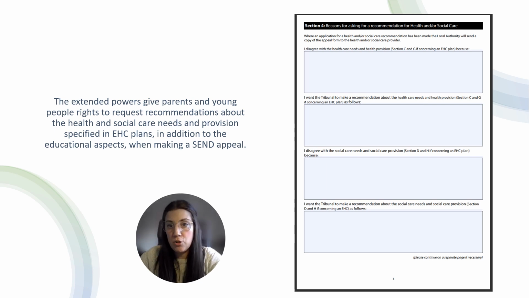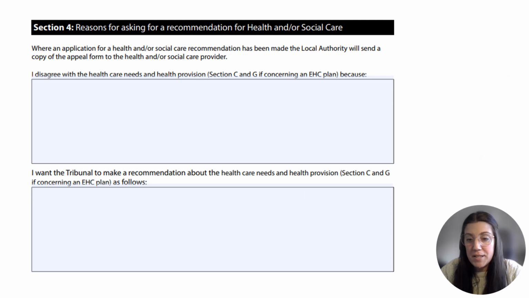So the health and social care elements cannot be appealed on their own, but they can be appealed alongside B and F or I, and then recommendations can be made by the tribunal. So apart from the difference of the SEND tribunal only making recommendation with regards to health and social care, the filling in of the form is much the same.